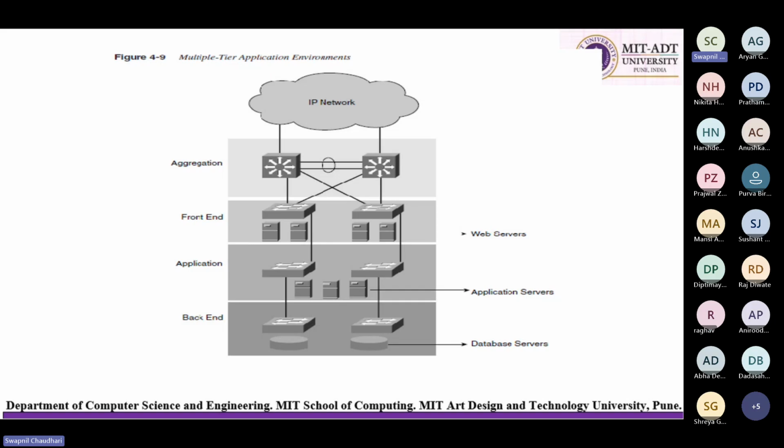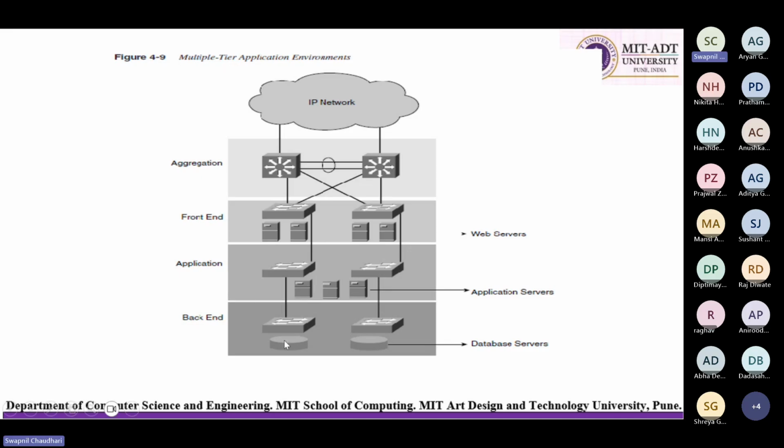Next is the backend layer. At the bottom we have the backend layer, which contains the database servers and is responsible for data storage and data retrieval, storing user data and fetching product details.